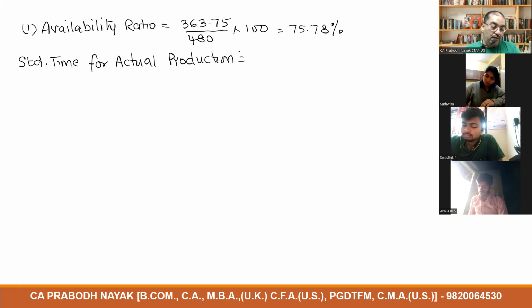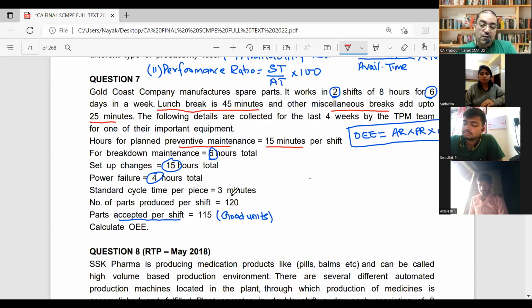Standard time is 3 minutes. Correct? That is standard time, 3 minutes. 3 minutes into how many units we are producing? Per shift 120.